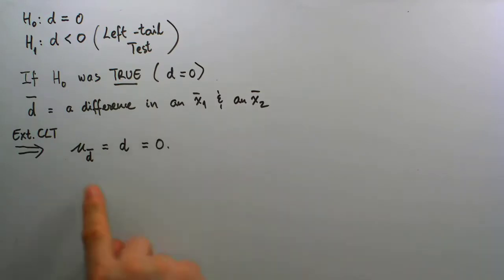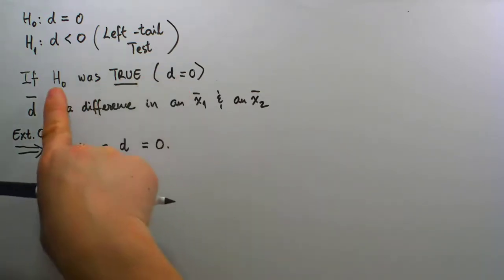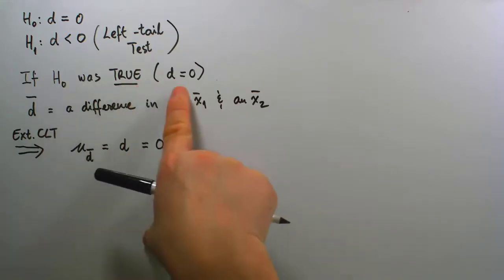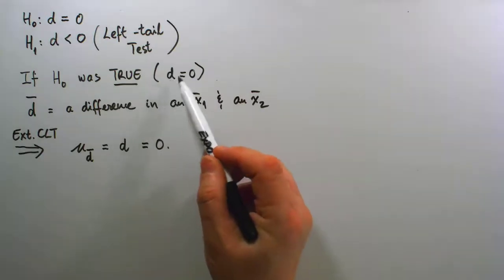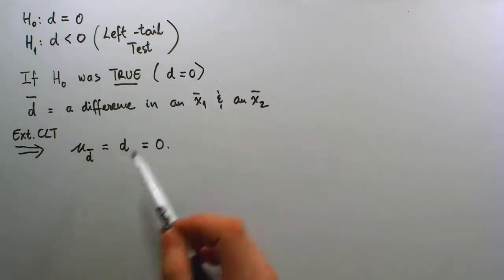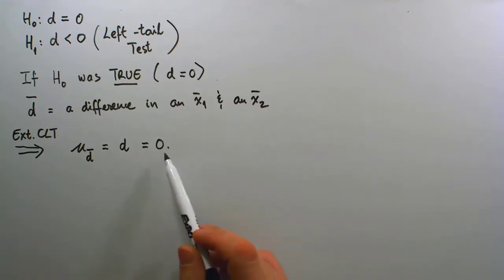So that's one thing we know for sure as a consequence. Once we are letting H sub 0 be the truth, once we accepted that in the beginning, that if D equals 0, then consequently mu d bar would equal 0.